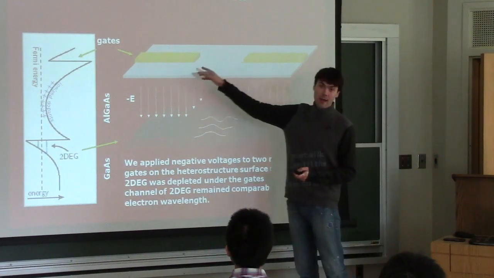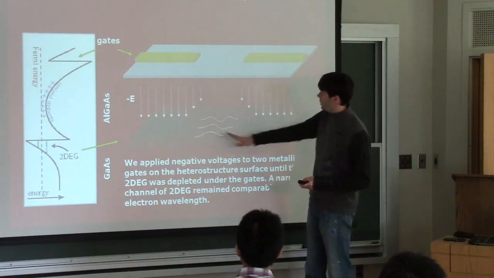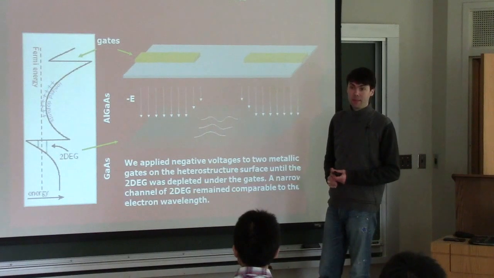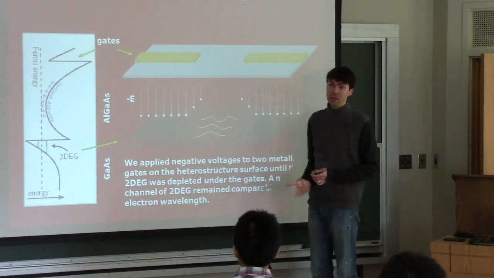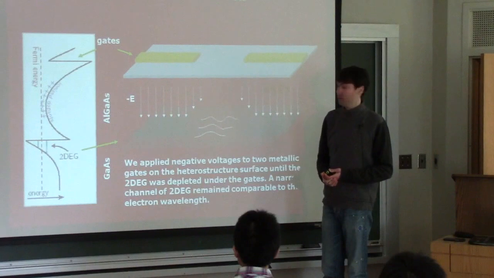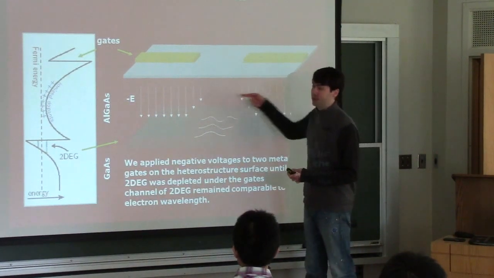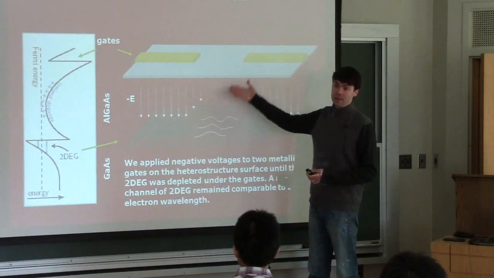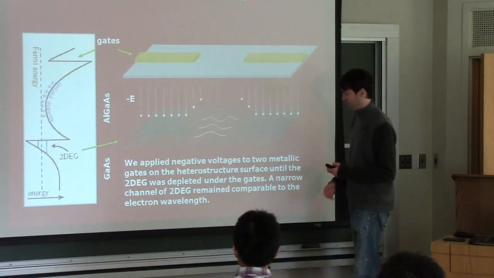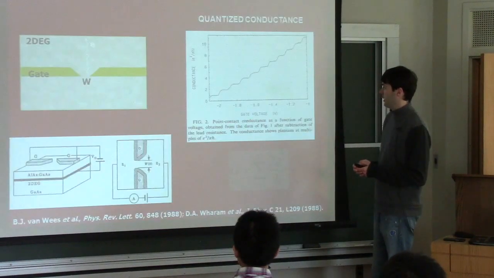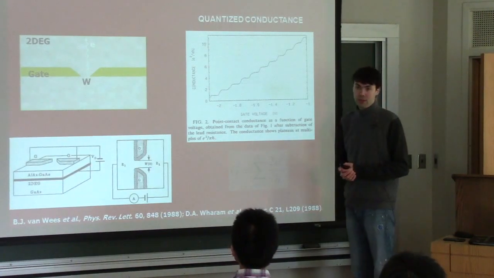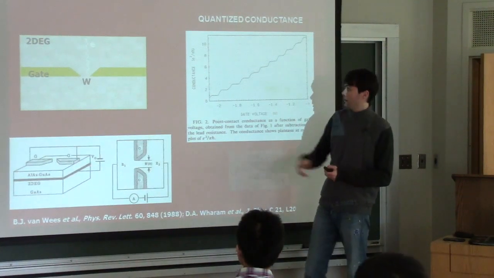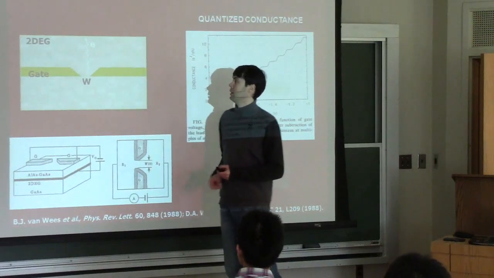If we leave a small gap in between the two gates, we can engineer this potential landscape in the gap such that only a few one-dimensional modes, so solutions of the Schrödinger equation in this transverse direction, as in first, second, third modes, are allowed to pass in this parabolic constriction. So those one-dimensional modes essentially give rise to quantized conductance as you pass current through the confined structure.